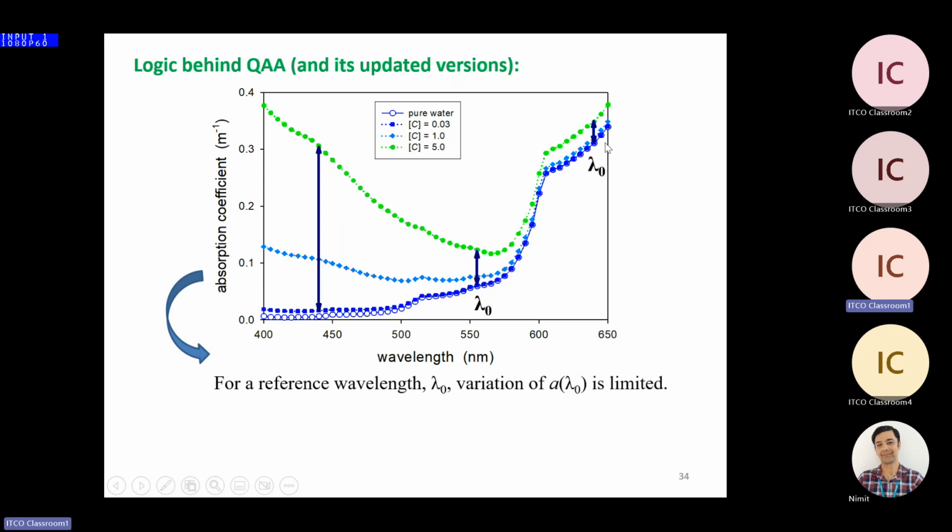When we get to coastal waters, because the signal is getting stronger at longer wavelengths, you may switch to 640 or even 670, depending. So for the QAA, there are lots of variants. There are some studies even using 750 as a reference wavelength for really turbid waters.